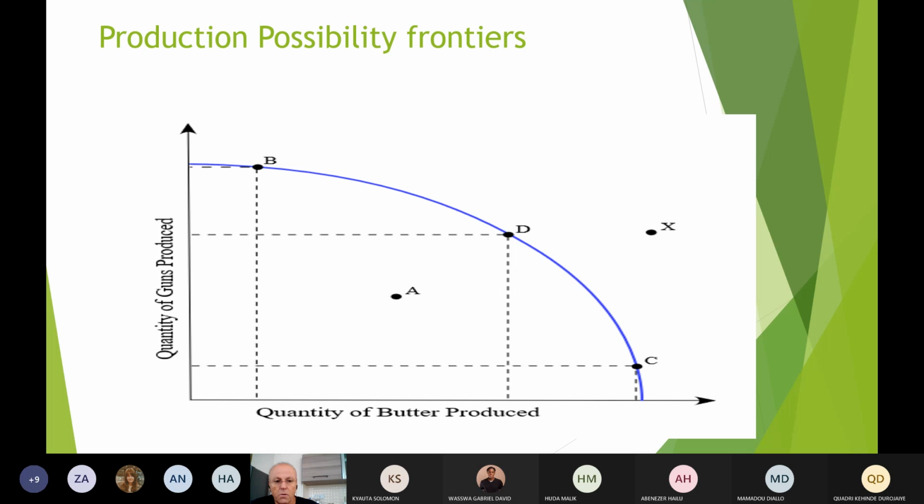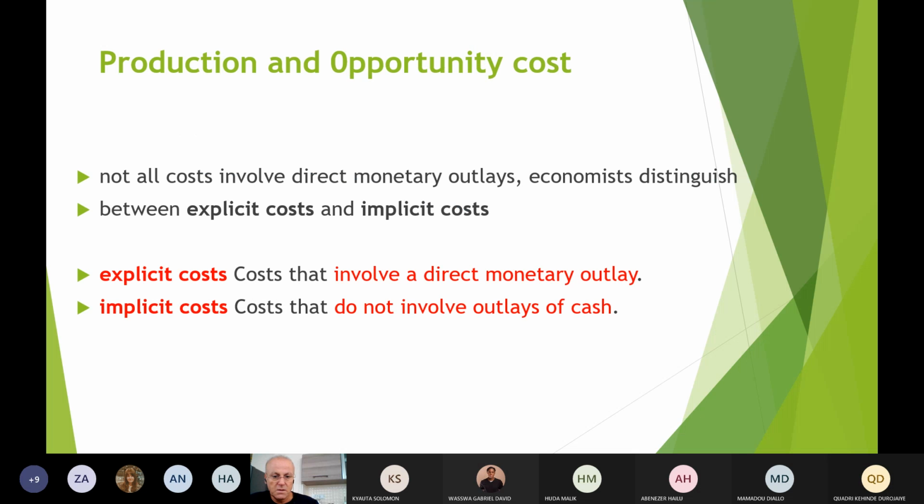From this production curve, we are trying to understand opportunity cost, because we are using factors of production that require some cost. In economics, we have to analyze the effects of these factors on production and, of course, on price. Production and opportunity cost become very important in this aspect.